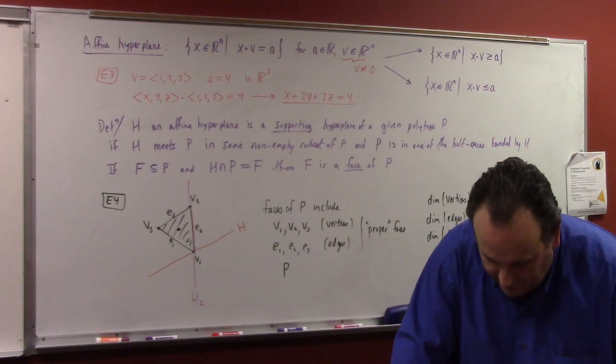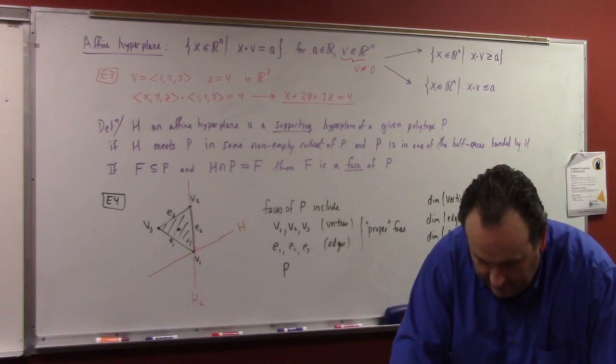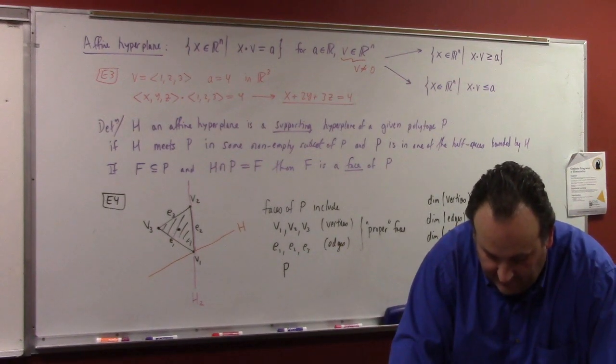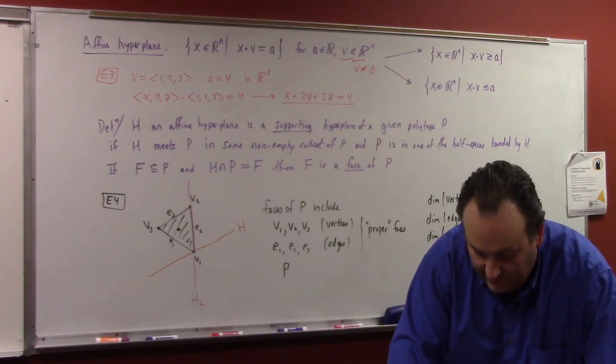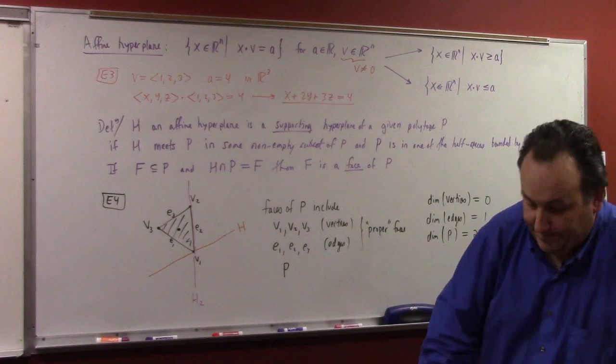It seems obvious that a polytope is the convex hull of its vertices and that every face is the convex hull of some subset of the vertices, but the proofs are surprisingly subtle, so we will omit them. Yep.